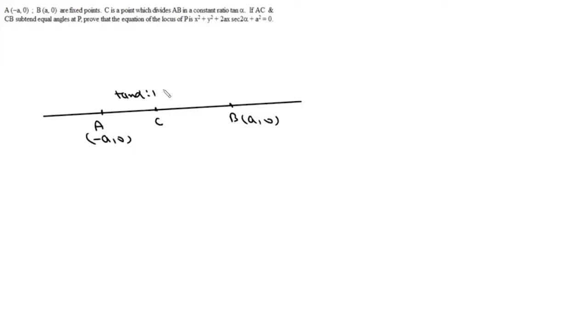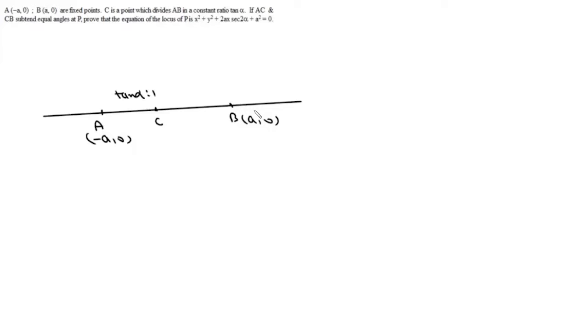Now here we have 2 points lying on the x-axis. This point A is (-a, 0), and the point B is (a, 0), and then we have this point C which divides it in the ratio tan alpha is to 1.